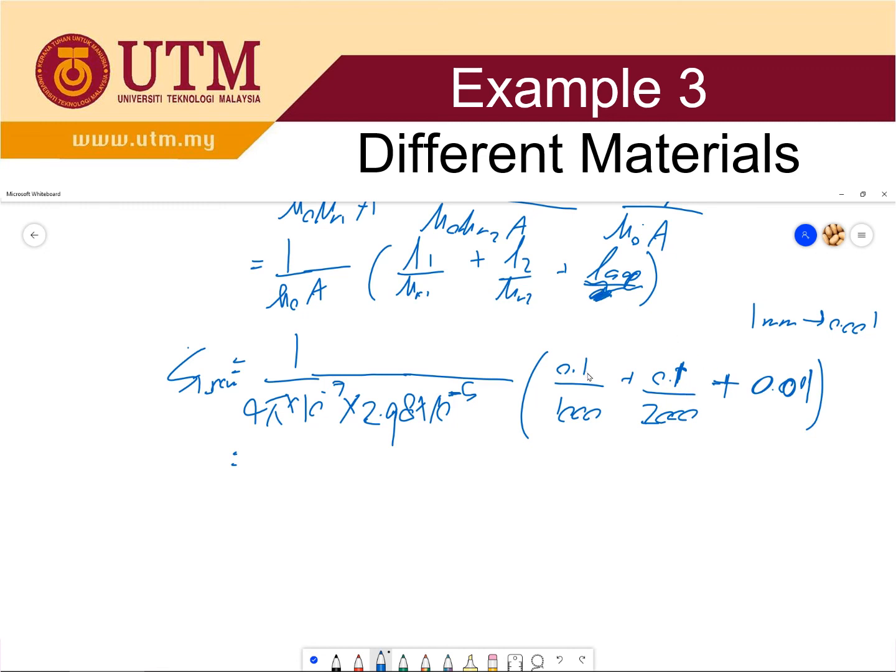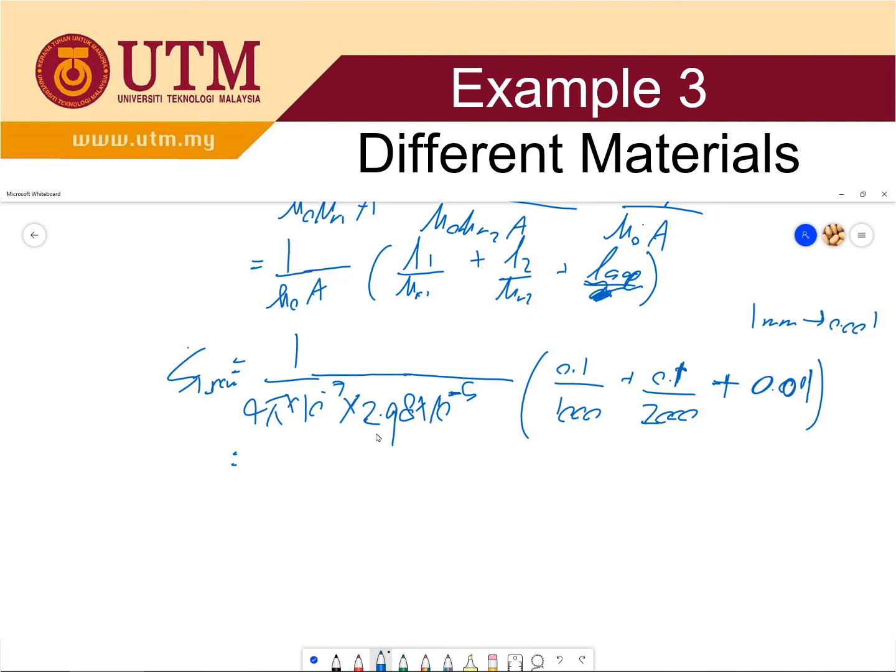The gap is added, but if the gap is added by removing a part of the material, for example material 1, make sure you put minus 0.001 for the gap, because we have removed the length. But for this case we just use this. So use your calculator, make sure you practice.